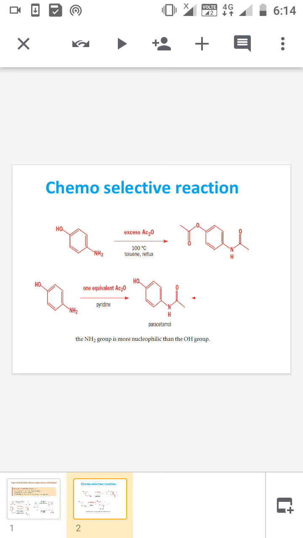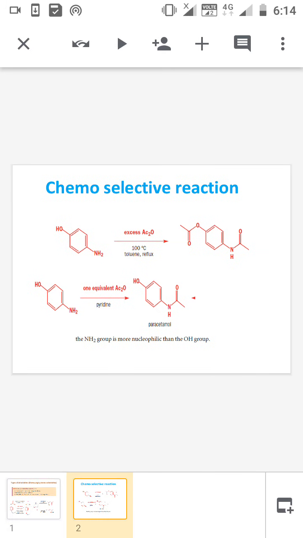In the first example, if we take an excess quantity of Ac2O, both the functional groups, hydroxyl and NH2, react and we will get the product. But if you take the same starting material with one equivalent of Ac2O, only the NH2 reacts and we will get paracetamol.